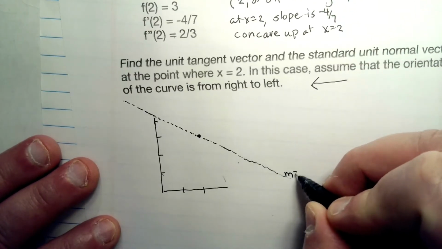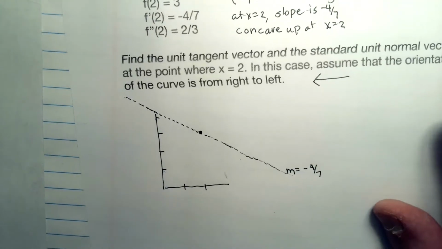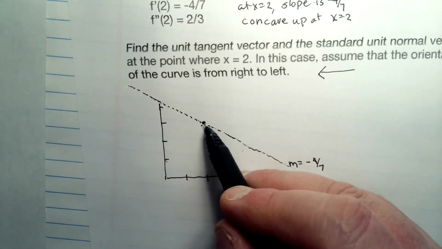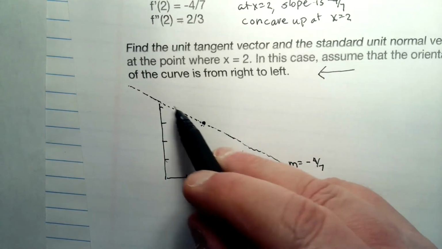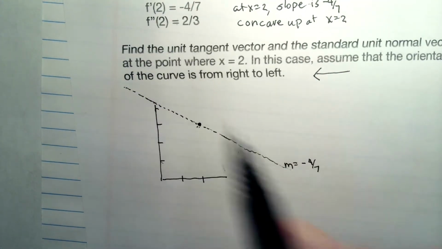That is approximately a slope of negative 4/7, so maybe it's a little bit under, but it'll do for the purposes of this example. Now the function is going to be tangent to this line at that point. And we also know that the graph is concave up.